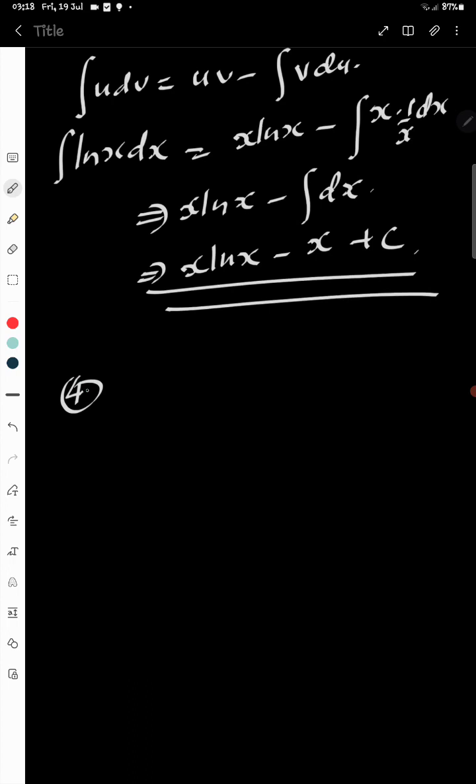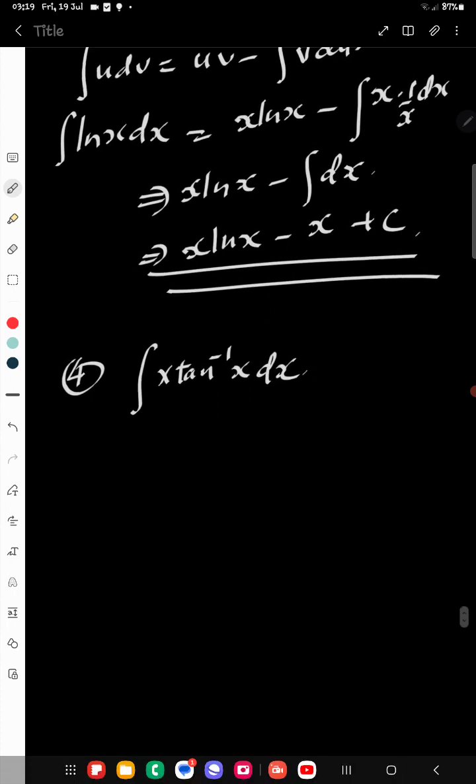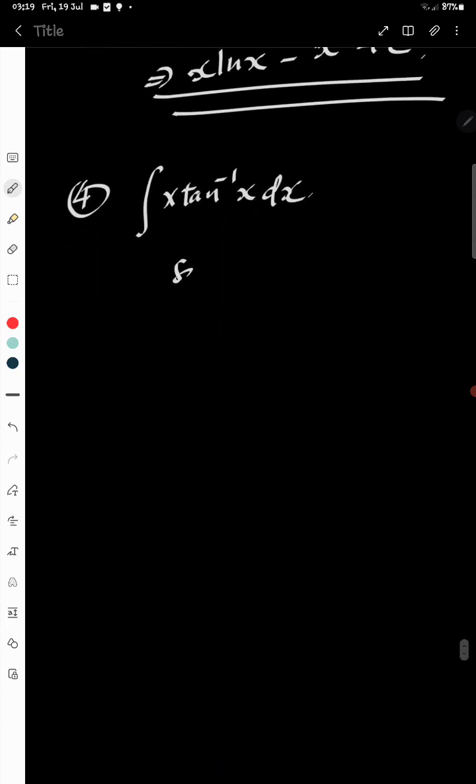For the integral of x tan inverse of x dx. Solution. Let u is equal to tan inverse of x.